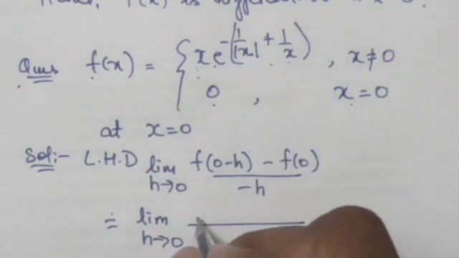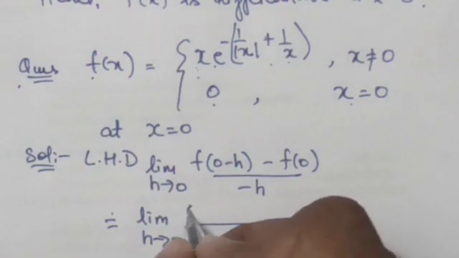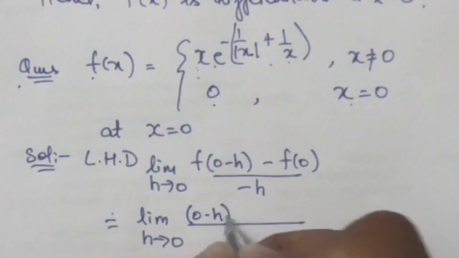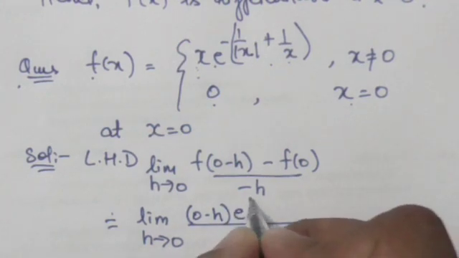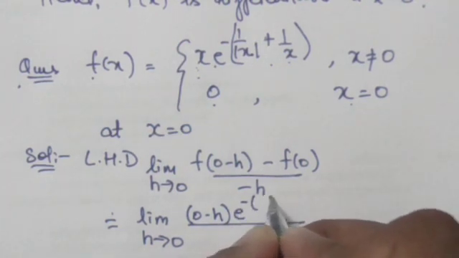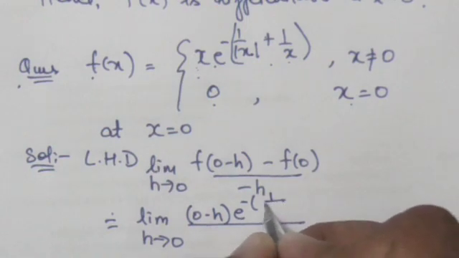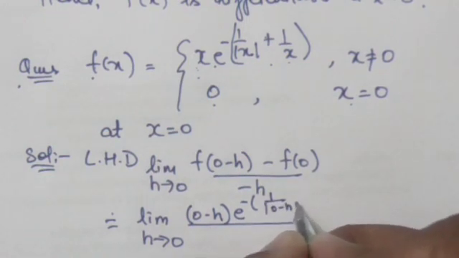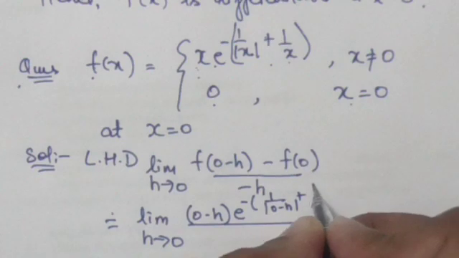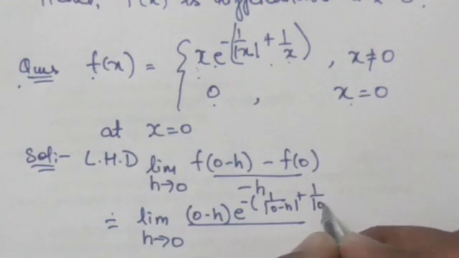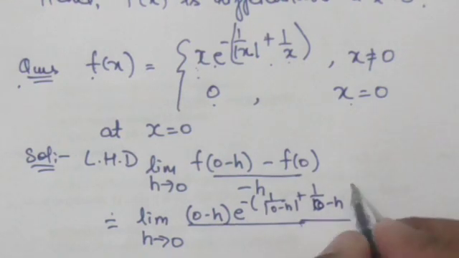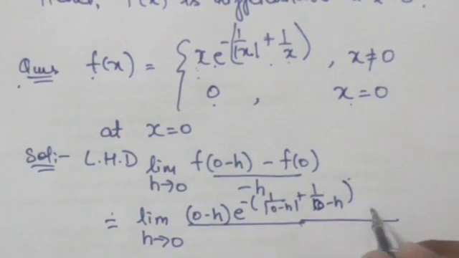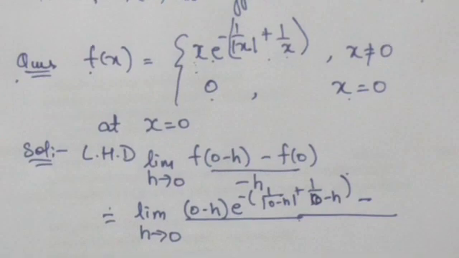So it will be (0 minus h) e raised to power minus 1 upon mod (0 minus h) plus 1 upon (0 minus h), minus f(0).